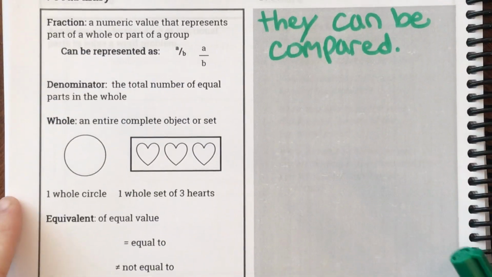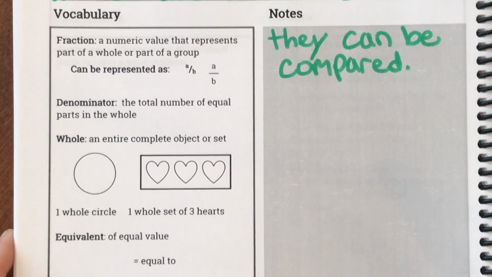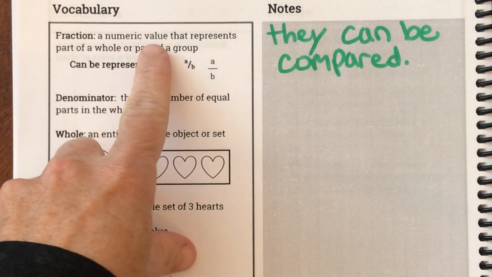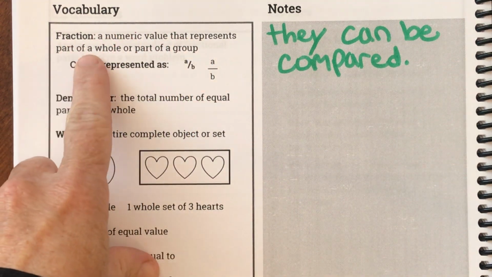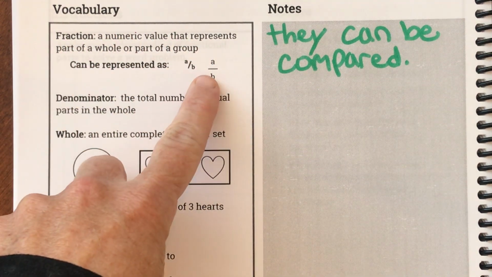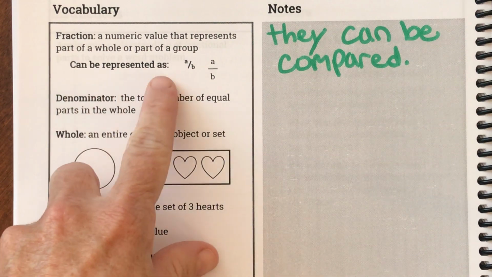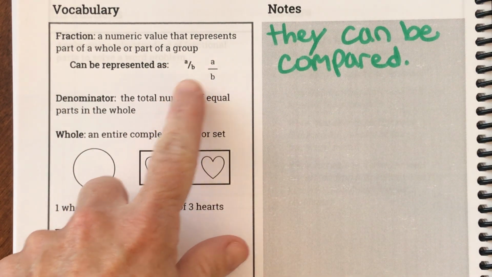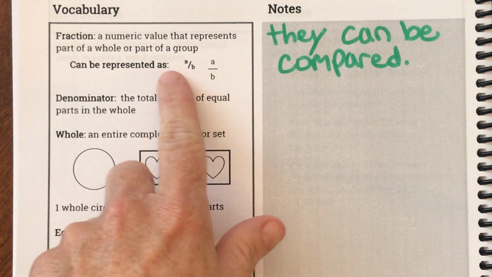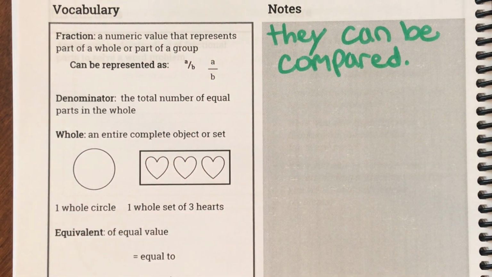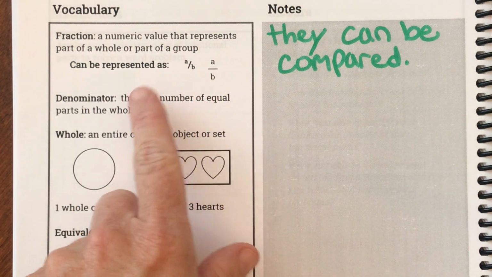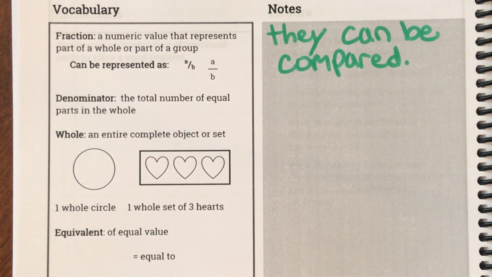So let's look at our vocabulary since we're just starting our new unit. Our first word is fraction, a numeric value that represents part of a whole or part of a group. It can be represented as A over B with a slash, like diagonal, or A over B with a horizontal line. So we see them both ways. We just need to know that they mean the exact same thing.